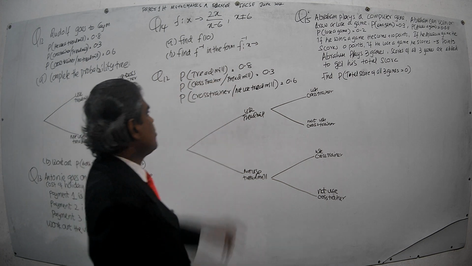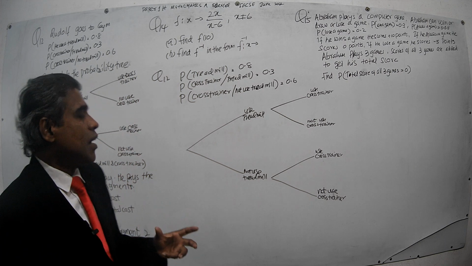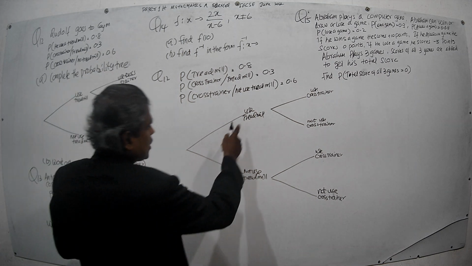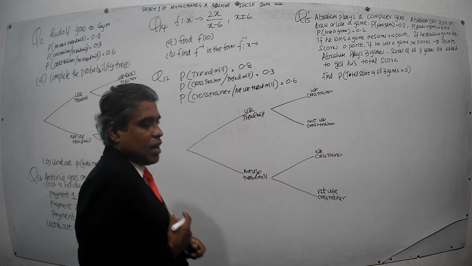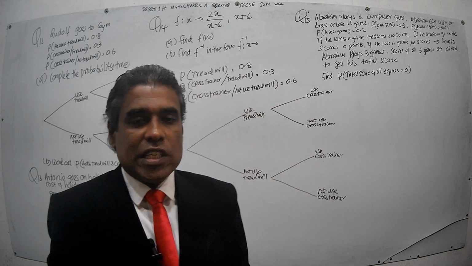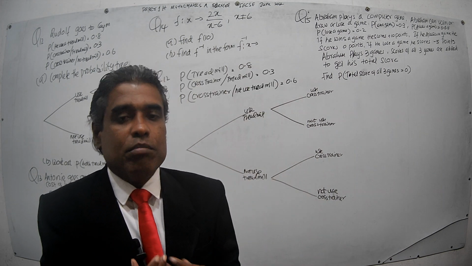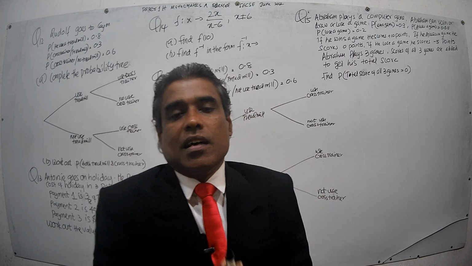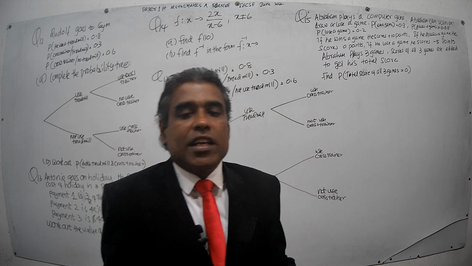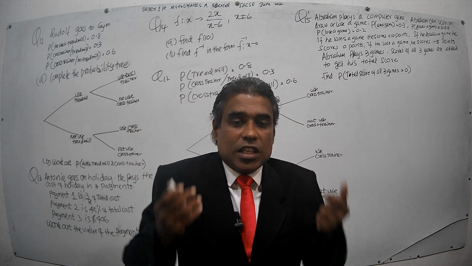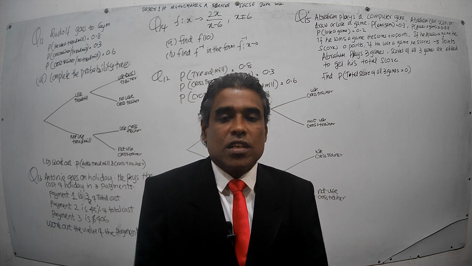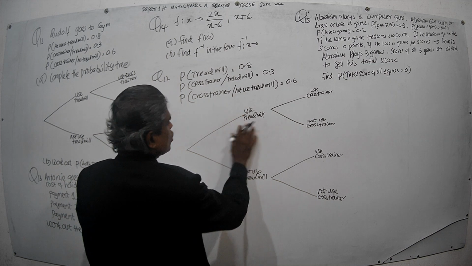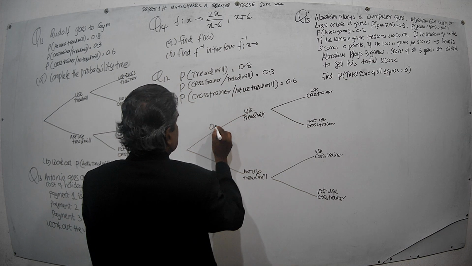Here, P(treadmill), the probability of using the treadmill, is given. The most decisive thing is first whether he used the treadmill. All other probabilities of using other equipment, the cross trainer for example, depend on whether he used the treadmill or not. The probability that he used the treadmill is 0.8.